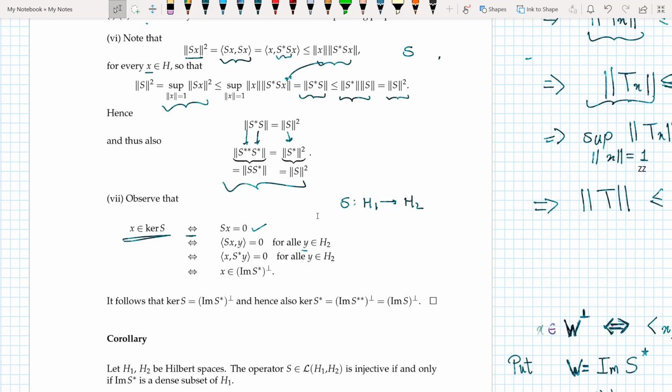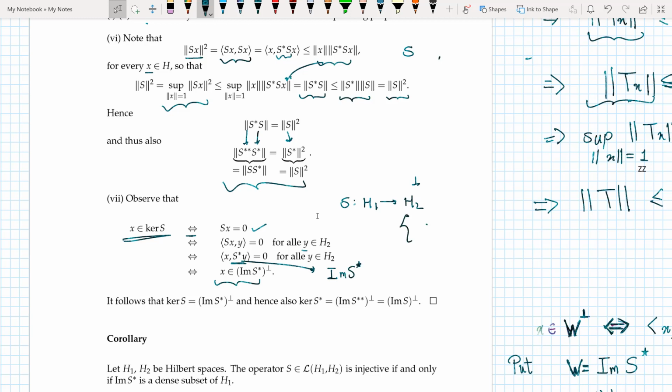Now again, since Sx is equal to 0, it is the 0 element in my space H2. So if I take the inner product with any y belonging to H2, it would of course turn out to be 0. Now using the adjoint property, I can take S star here for all y belonging to H2, and then I can say that x belongs to the image of S star perp, because this is the image of S star. So what is the image of S star?